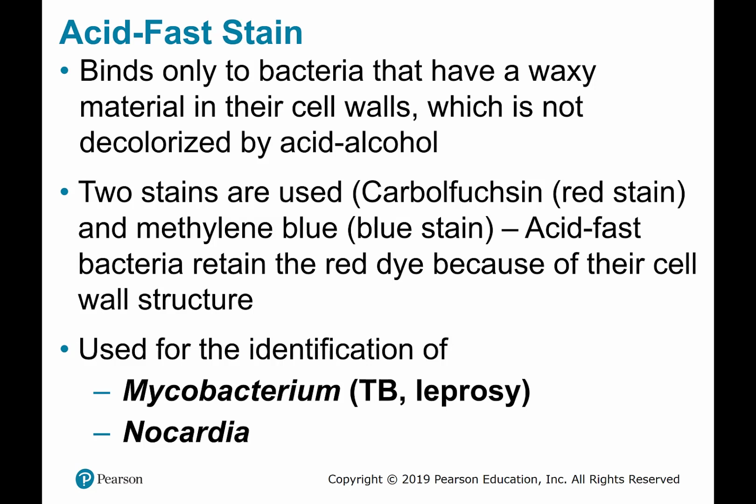Another really important differential stain is the acid-fast stain. So the gram stain is a differential stain, and the acid-fast stain is a differential stain. This is an important stain, and it allows you to identify bacteria that are considered acid-fast. So you can identify the species of Mycobacterium that cause TB.